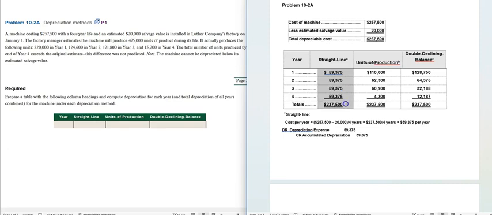Over the course of the 4 years, we would have recorded $237,500 worth of depreciation, bringing the accumulated depreciation balance to $237,500. When I subtract that from the original cost, I would be left with a value in the books of the asset, $20,000 book value.